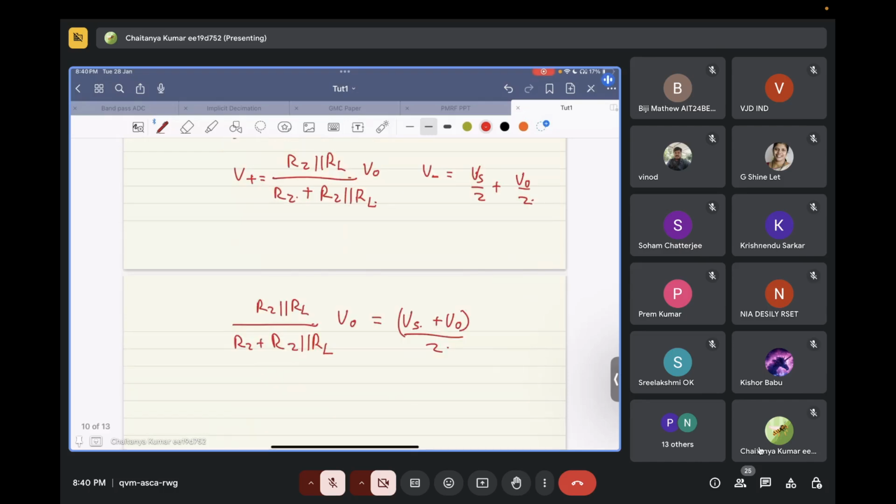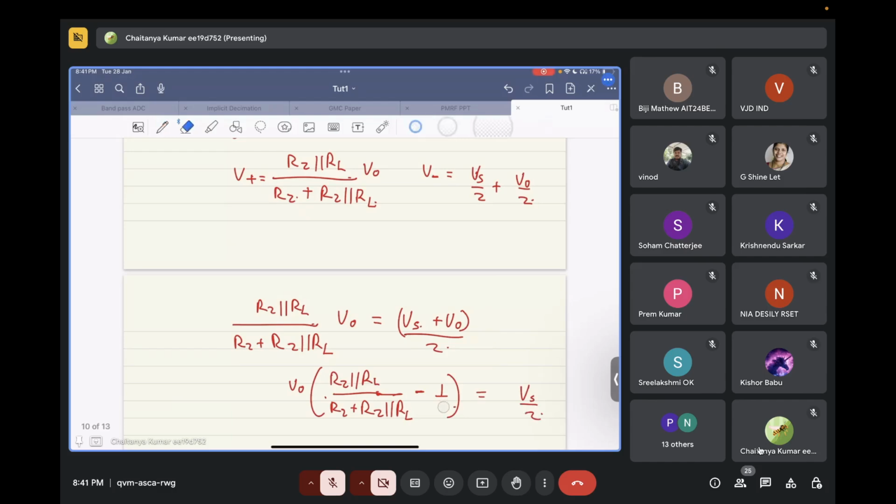So what we will have is Vout times (R2 parallel RL by R2 plus R2 parallel RL minus 1 by 2) is equal to Vs by 2.